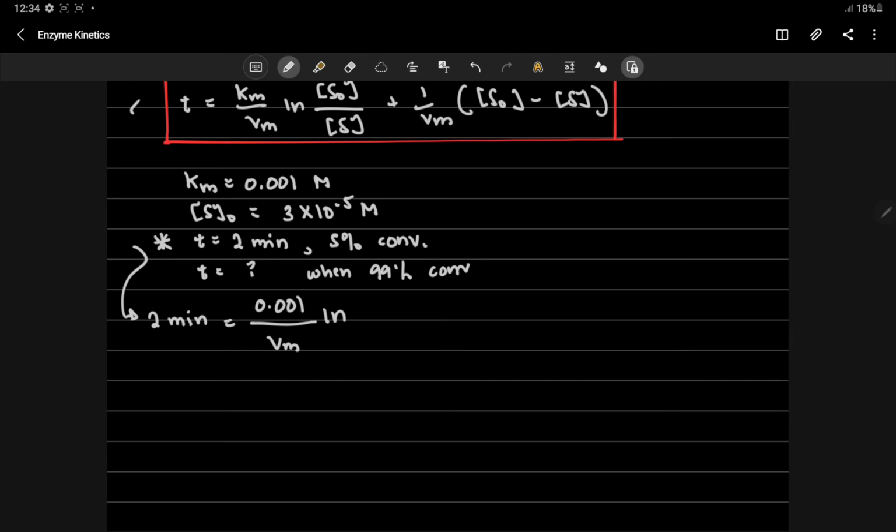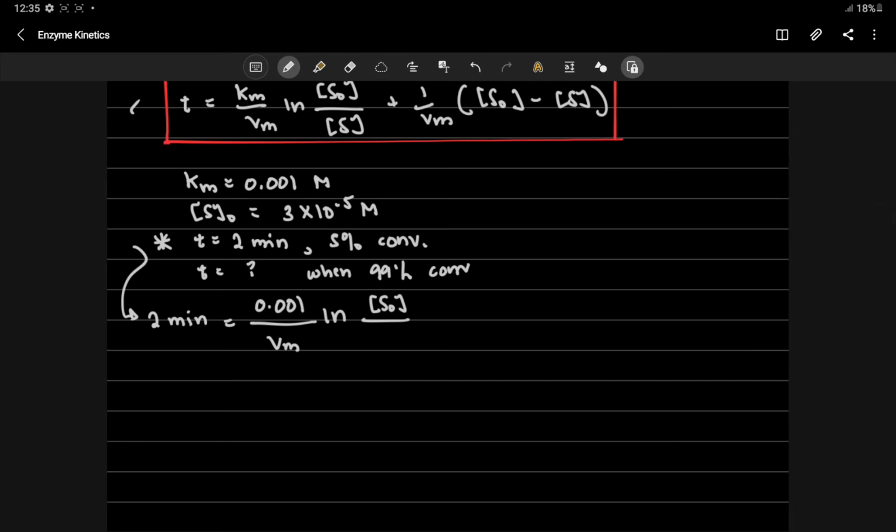Okay? So, kung 5% conversion yan, if you have initially SO, regardless kung given or hindi. In this case, given naman siya, diba? 3 times 10 raised to negative 5.